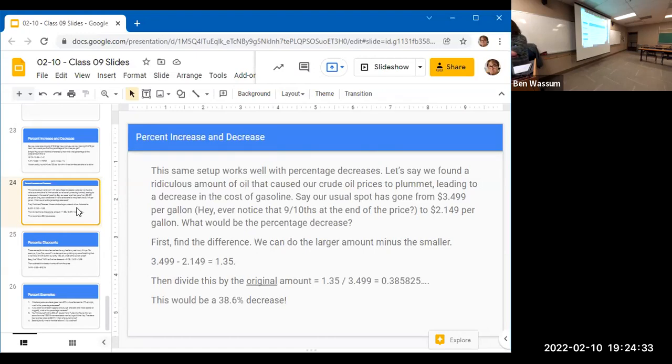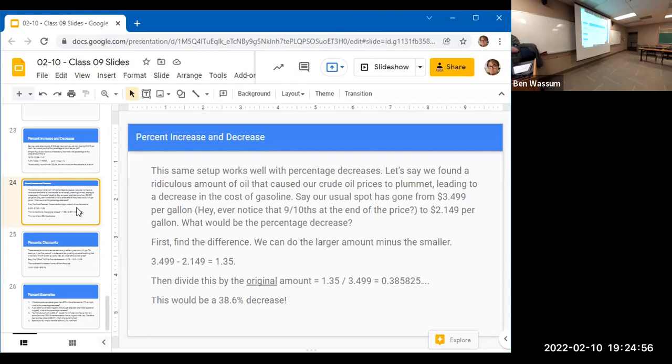So we have 3.499 per gallon, and it's gone down to 2.149 per gallon. So you're asking for what the percentage decrease would be. So again, you find what the difference is. So you would subtract them. You end up with $1.35 in this case.